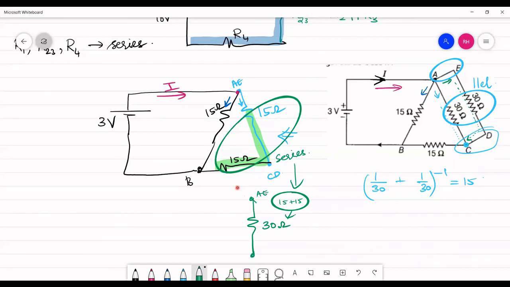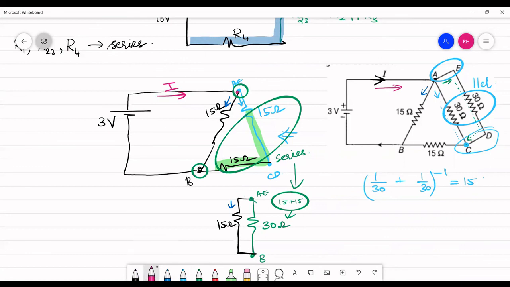So 30 ohm is the value of resistance between AE and B. And again between AE and B, according to the diagram, you have another resistor of 15 ohm.